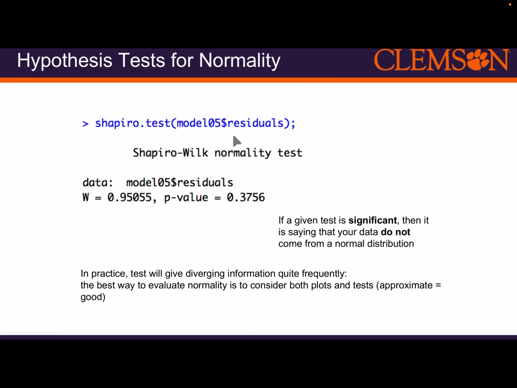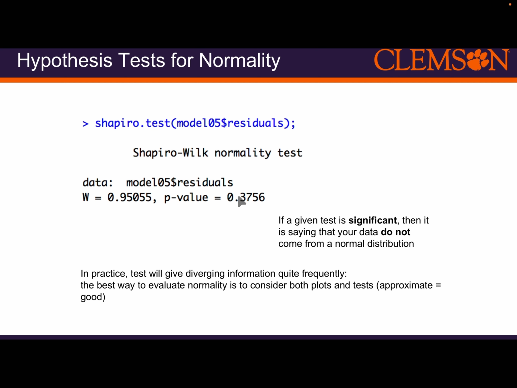There is also something called the Shapiro test, the Shapiro-Wilk normality test. If we give it Model 5's residuals, which is a piece of data that shows up in the LM object, and pass it to the shapiro.test function, it tells you with a certain p-value whether or not the data are normal. Here, this is a significance test. The null hypothesis is that the data are normal.